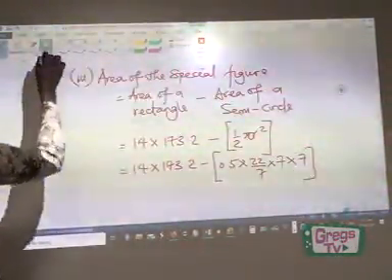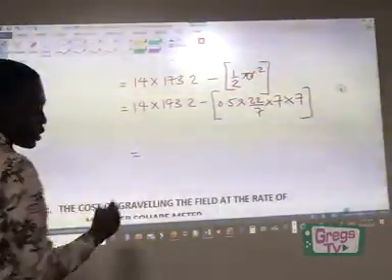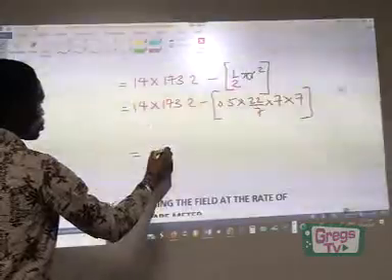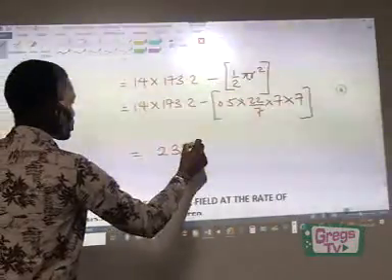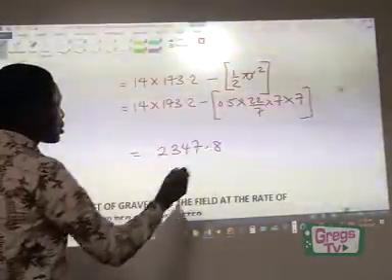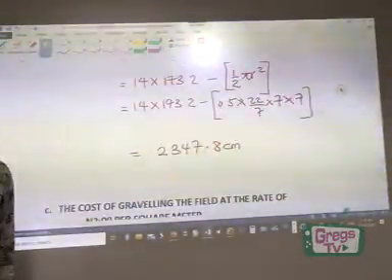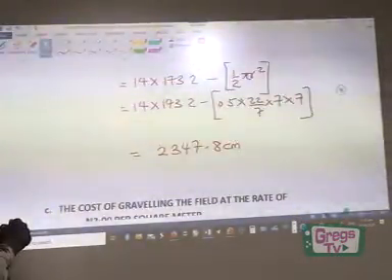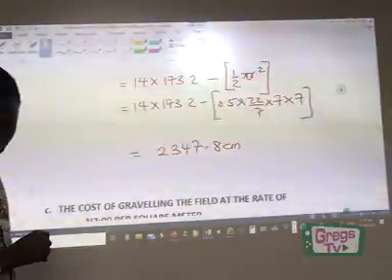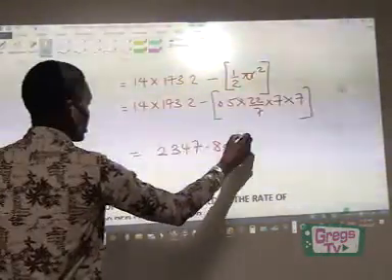So if you do good work here, you should have your final answer 2347.8. Confirm that. If you do that very well, that is what you will get. So I will need to take this to the next level. That will be squared. Is that correct? Yes, that will be squared.